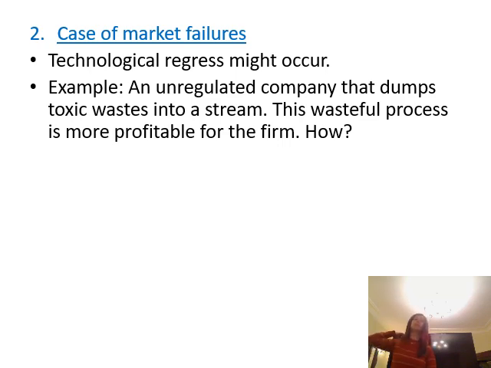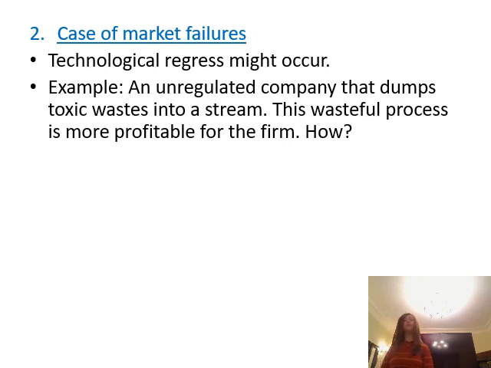What's an example for that? For example, if you have an unregulated company that dumps toxic wastes into the Nile or into a stream, this wasteful process is more profitable for the firm. That's why this kind of technological regress, which harms the economy due to the waste being dumped in a stream, can occur if you do not account for negative externalities that we have talked about before.